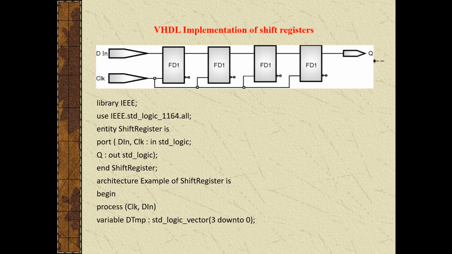We have to mention the variable inside because the signal will flow inside and there are four registers there. Hence, we have to mention the variable and how the data will flow into this particular register at a single clock. So we have taken the variable 3 down to 0 here.